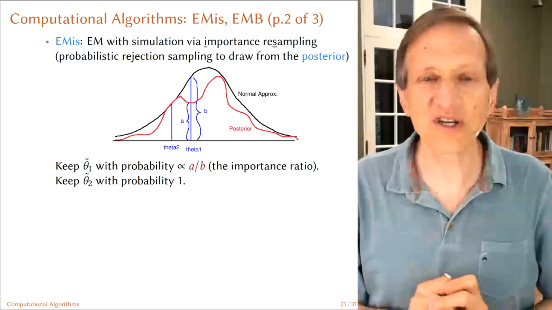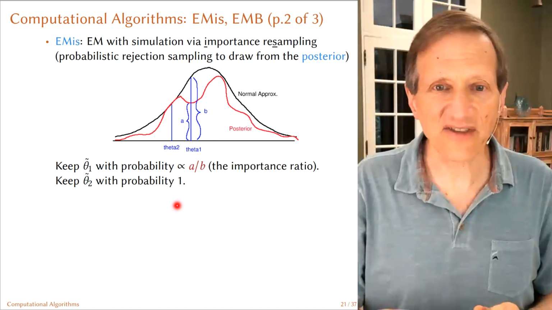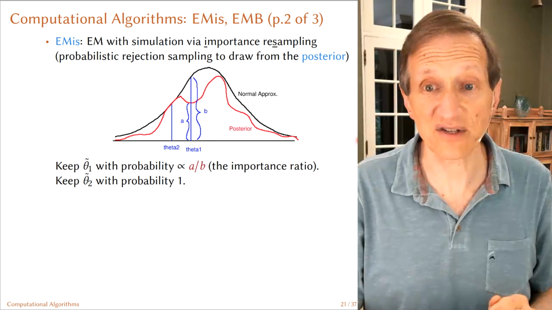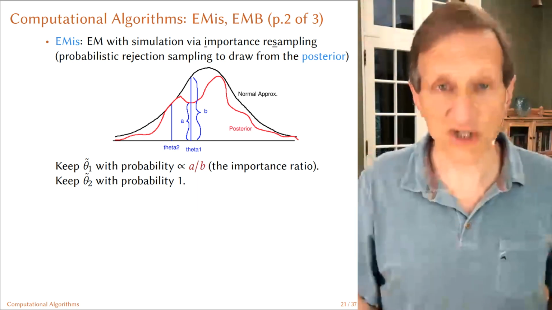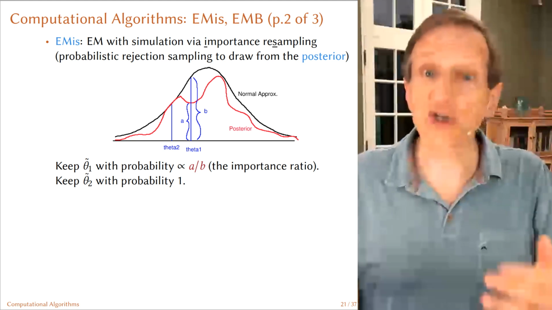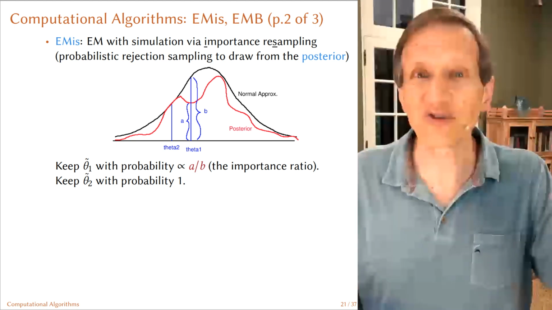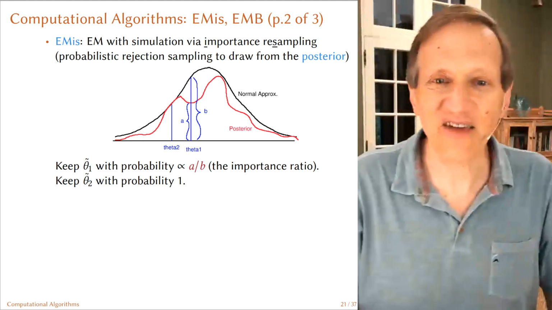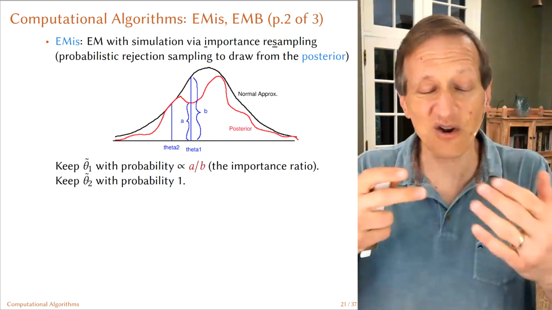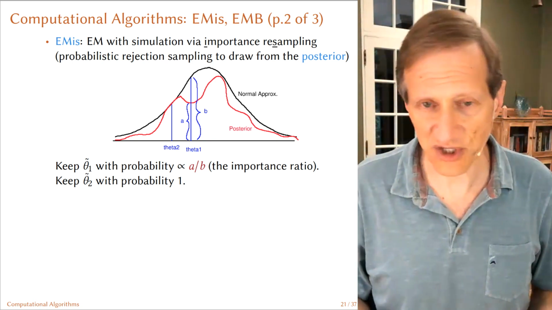Suppose the true distribution was truncated at this value, so nothing to the left of this value existed and everything to the right existed. Deterministic rejection sampling means, well, you might not be able to draw from the truncated normal, but you can draw from the normal and throw away any observations that are in the invalid region, to the left of that. So that's called rejection sampling, or deterministic rejection sampling.